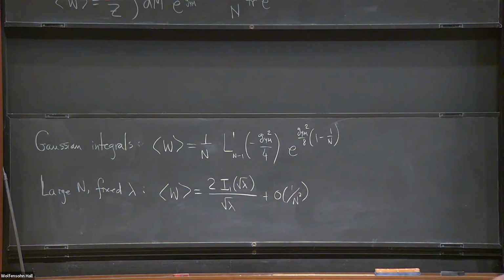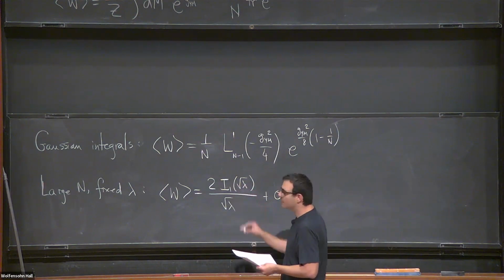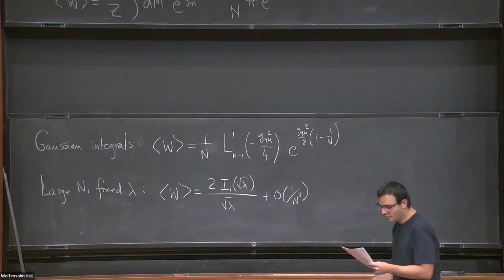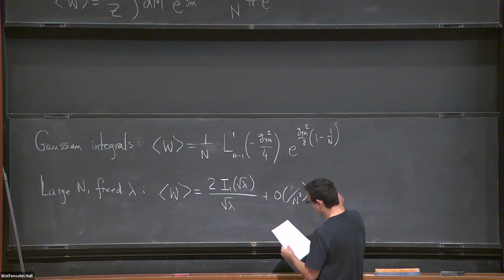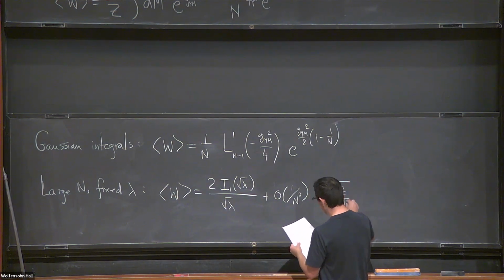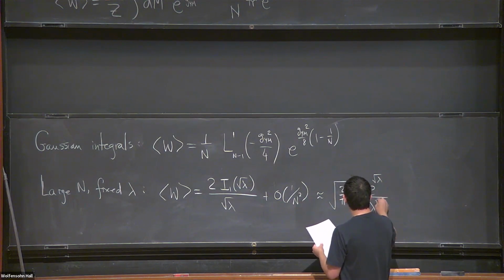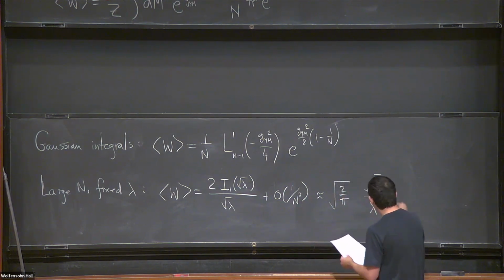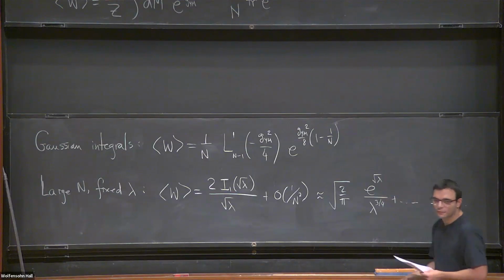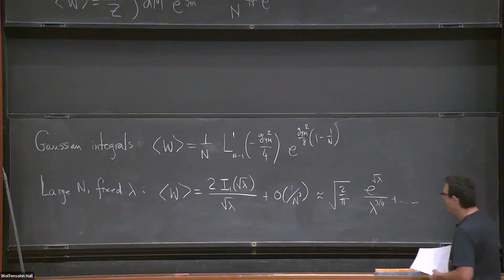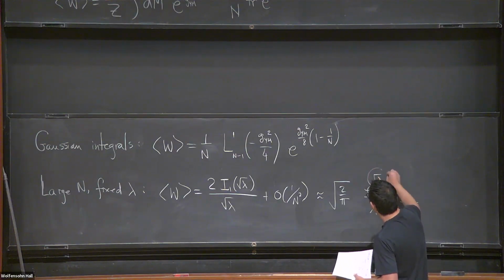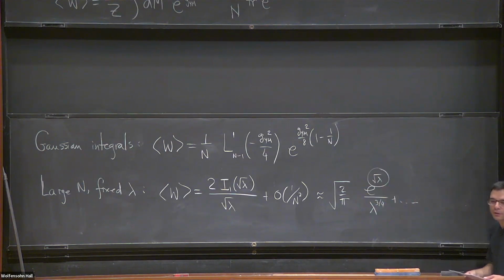So now this answer is at leading order in large N, but all orders in lambda. And then one can open Wikipedia, find the asymptotics of the I1 Bessel function. And this will be square root of 2 over pi times e to the square root of lambda times lambda to the 3/4 plus subleading corrections. So it's this e to the square root of lambda that one can then reproduce from this matrix model.